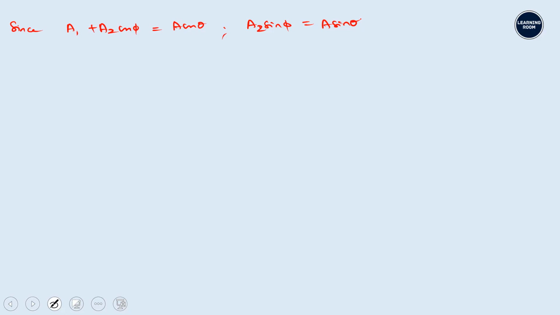If I square on both sides, I get a1 plus a2 cos phi the whole square is equal to A cos theta the whole square. Similarly, if I square this, I'll get a2 sin phi the whole square is equal to A square sin square theta.